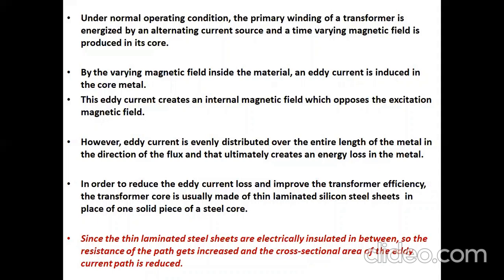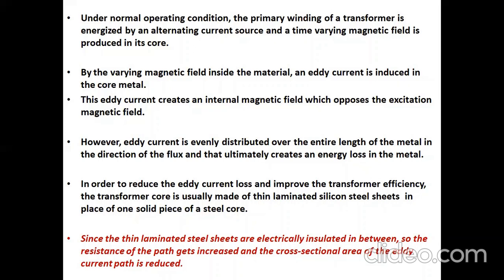This eddy current creates an internal magnetic field which opposes the excitation magnetic field. However, eddy current is evenly distributed over the entire length of the metal in the direction of the flux, and that ultimately creates an energy loss in the metal.